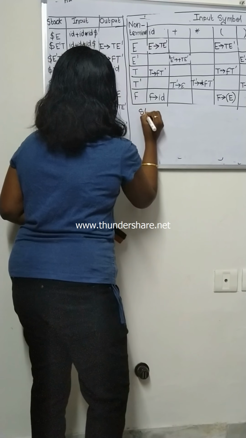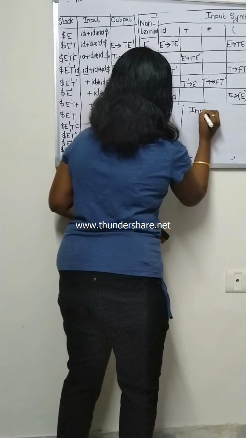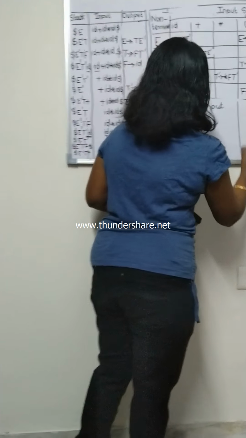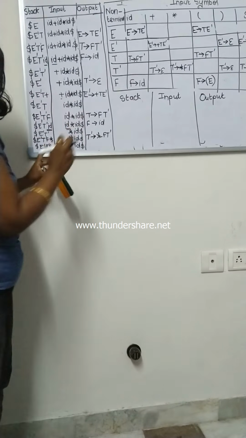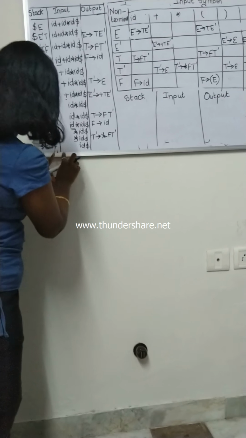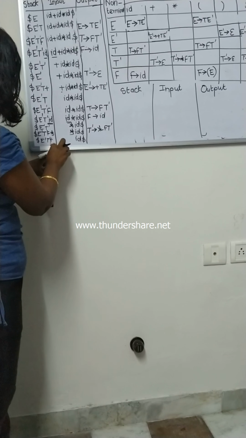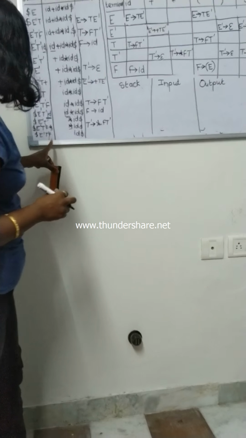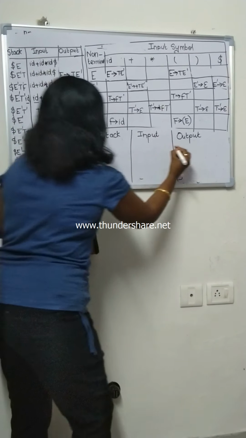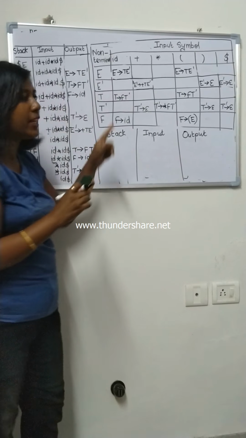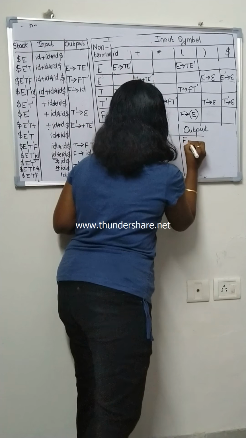So that is the stack, input and output. So continuation of this, I am writing it over here. So now we have $E dash T dash F. Now we are going to write F row ID column, that is F derives ID.